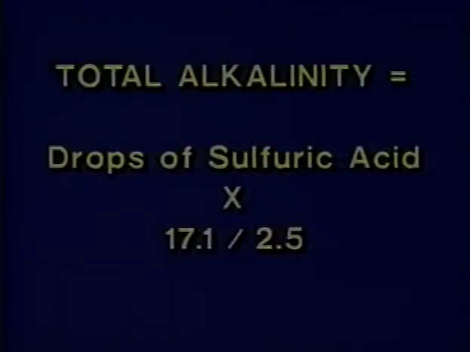To calculate the total alkalinity, multiply the total number of drops of sulfuric acid used by 17.1. Divide this number by 2.5. The result is a total alkalinity as milligrams per liter or parts per million calcium carbonate. Division by 2.5 takes a larger sample size into account.